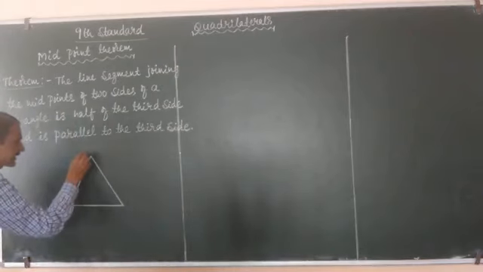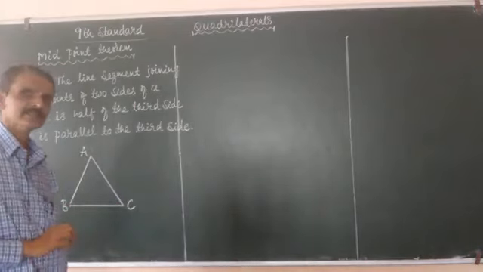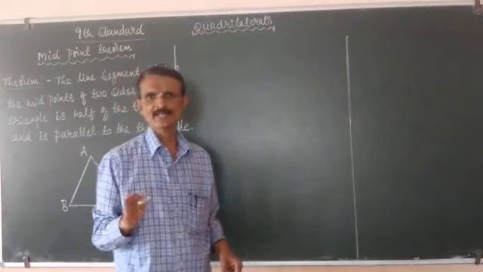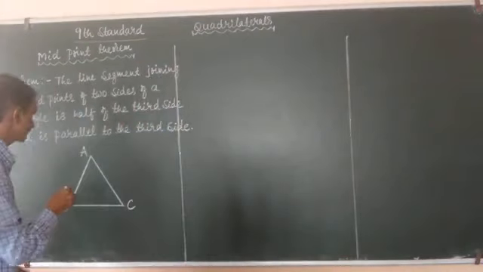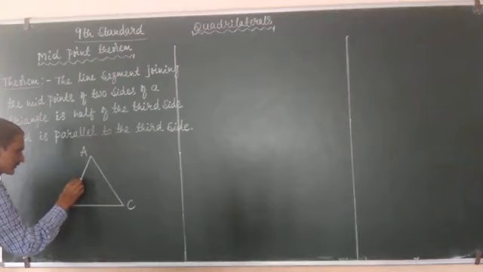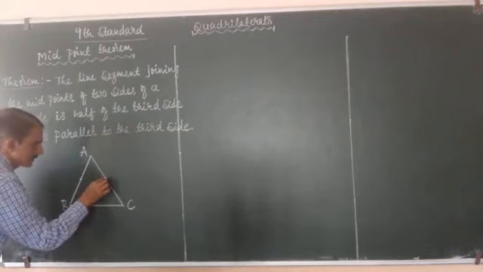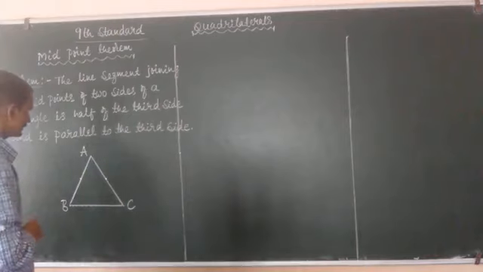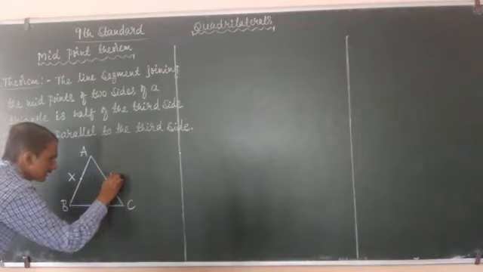Call this triangle ABC, with sides AB, BC and AC. Now mark a point X on side AB and a point Y on side AC.